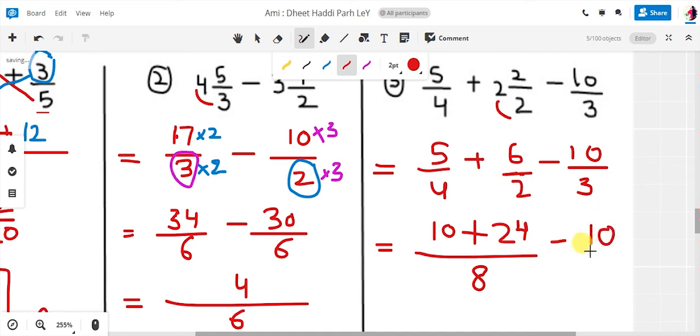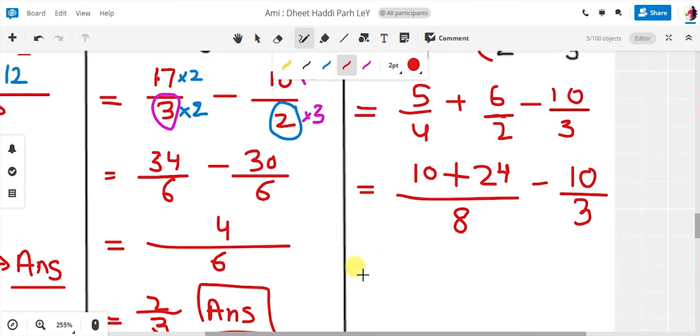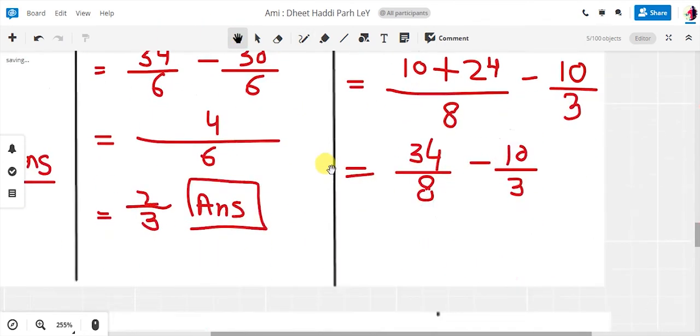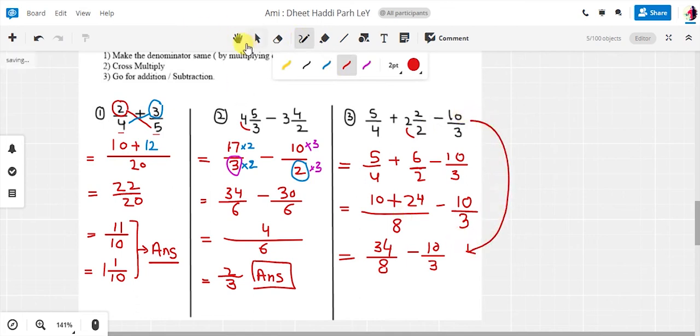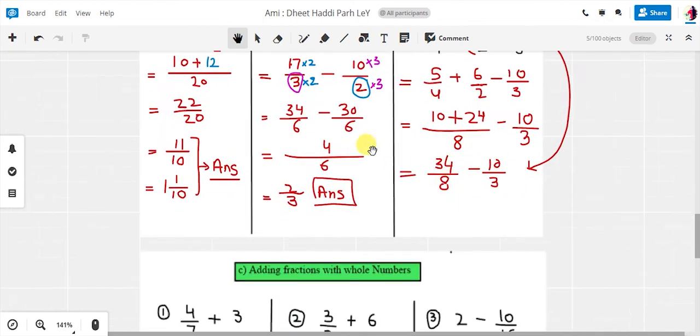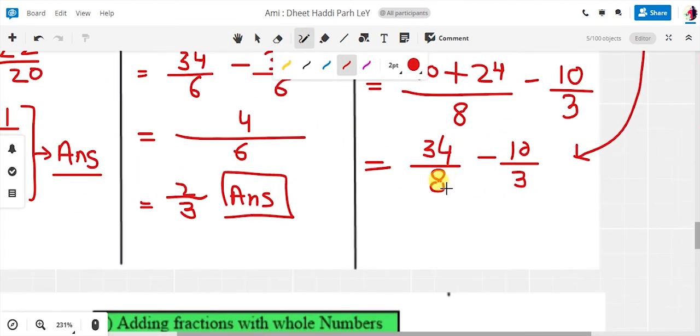Now shift the next part of the equation down as it is. 10 plus 24 will give me 34 over 8. Take away 10 over 3. Now we have successfully reduced 3 fractions into 2 fractions, right? Now we have to solve this one, and we will reduce it further to a single fraction.